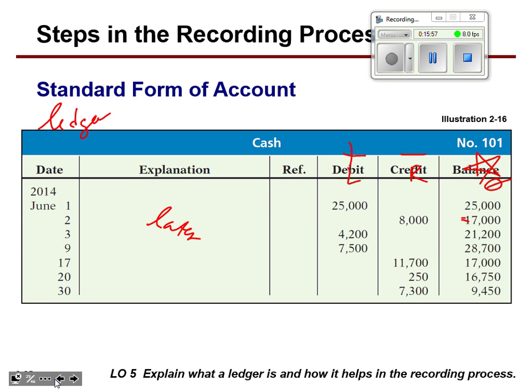This is basically a fancy T account, because I could make a little baby T and write the word cash here, and it's the same thing I taught you last week. This is just more technical. Are real accountants running around making T accounts? No, they're using ledgers that are just a fancy T account. Okay?